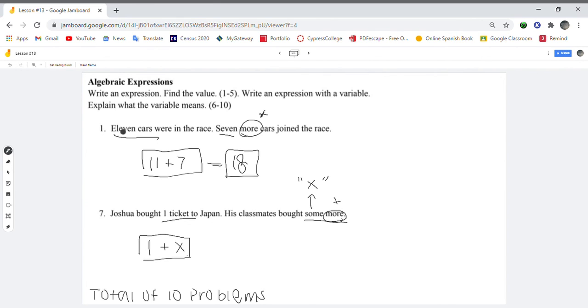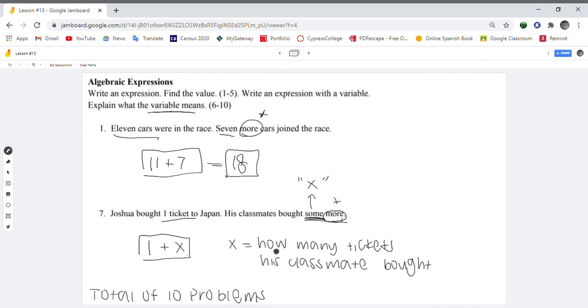And we just have to explain what the variable means. In this case, x will represent how many tickets his classmates bought. If you notice, we're talking about tickets in this problem, so we're going to write how many tickets, since some represents the number of tickets.